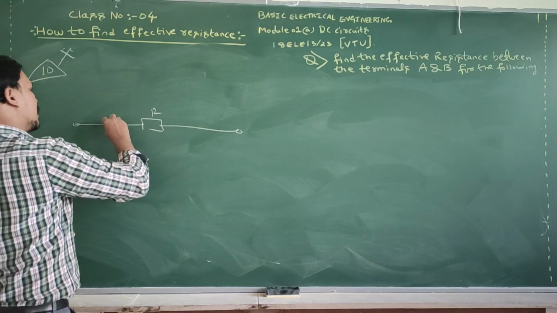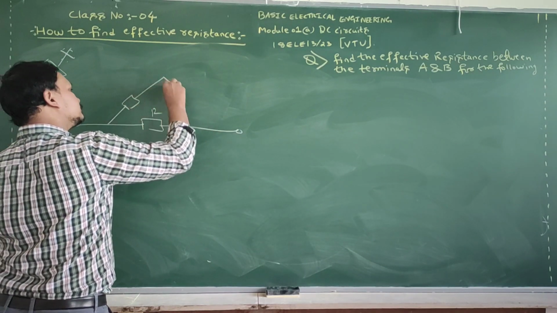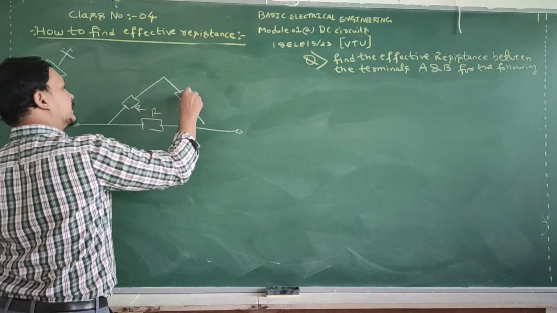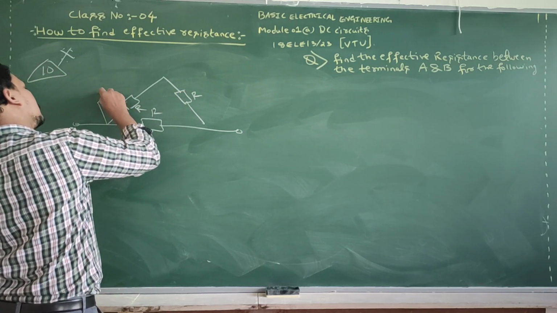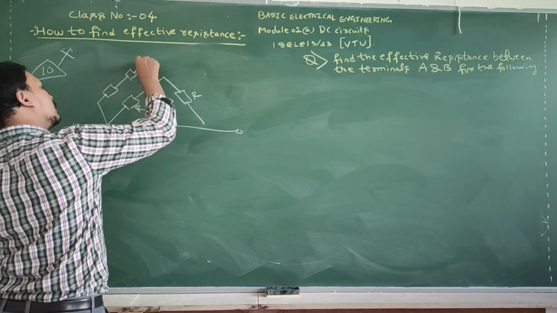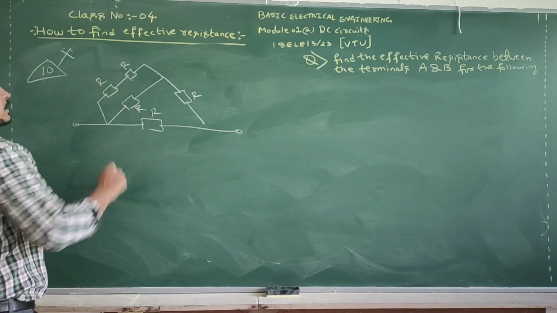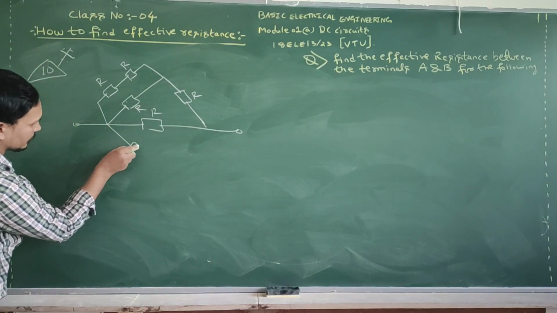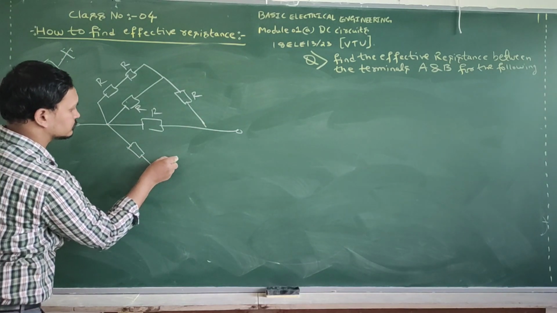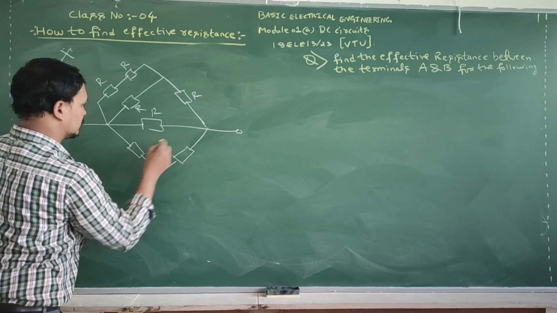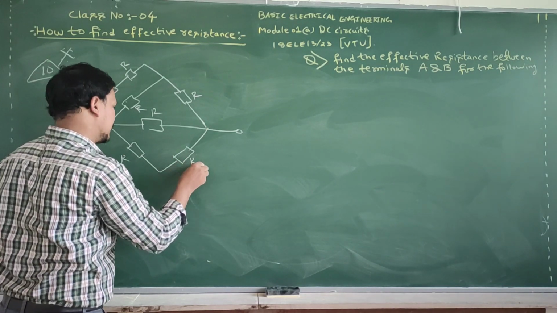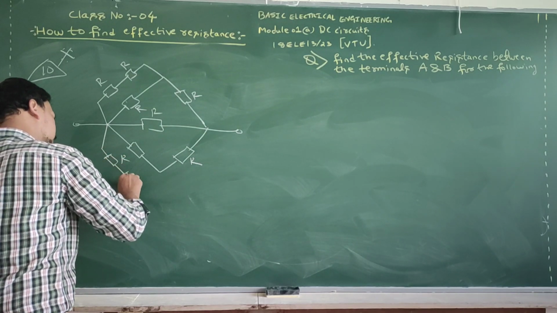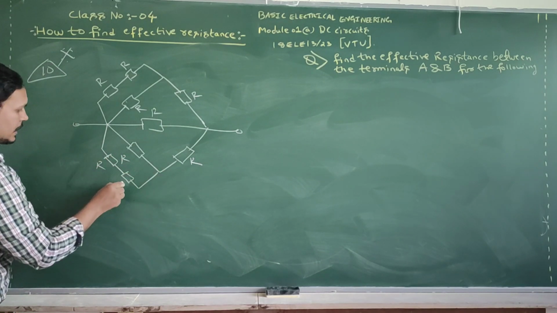Okay. Resistor R and R. This is the network I have given. Then similarly, on the other side also, R and R. Okay, R1s and R1s.